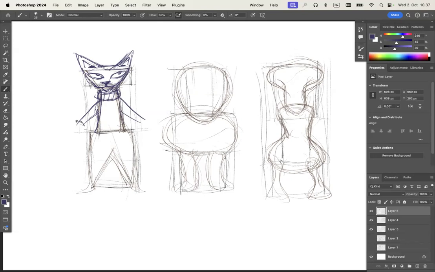And these characters don't need to be fully symmetrical. You can give them a little bit of life. And if things go wrong, then just don't be too precious with your work, but just use the eraser whenever you need it.